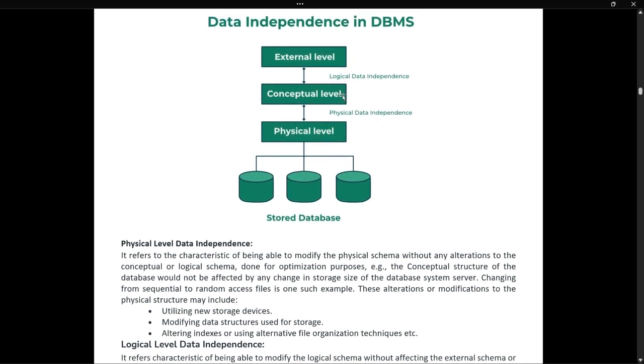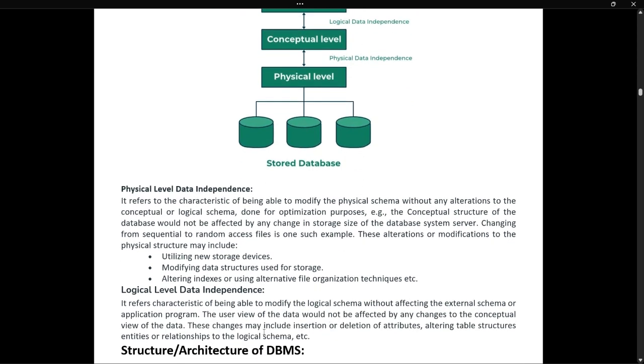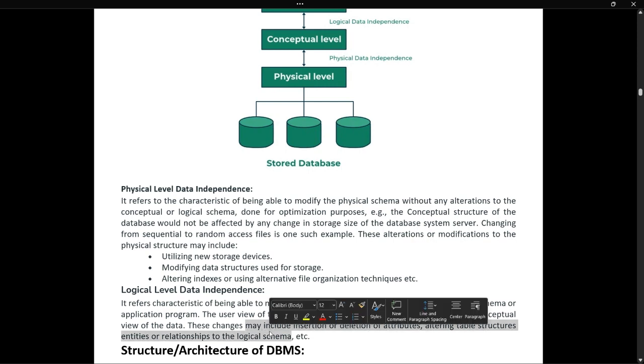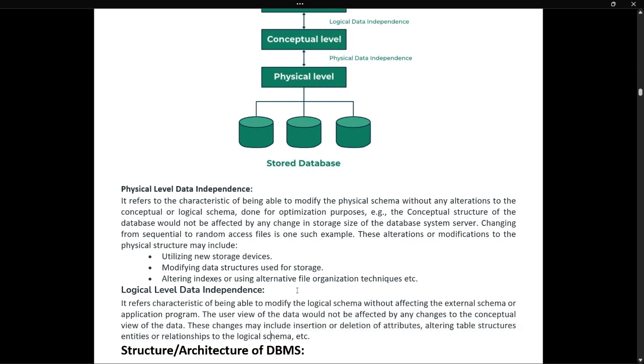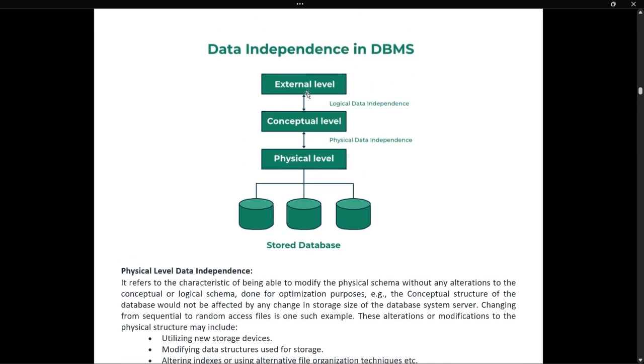In the previous classes on levels of abstraction and database schema, we have seen that the conceptual level mainly deals with the tables, alterations, information retrieval. So whenever changes are made, including insertion, deletion, attributes, alteration of tables, they should not affect the external level.